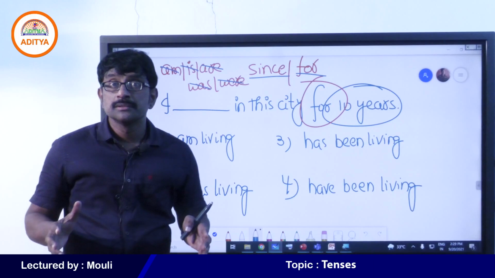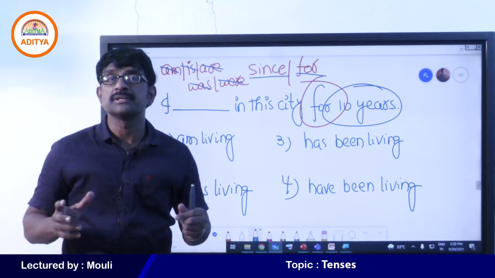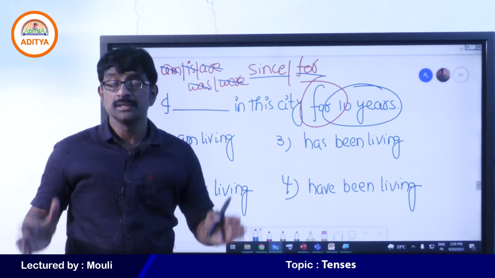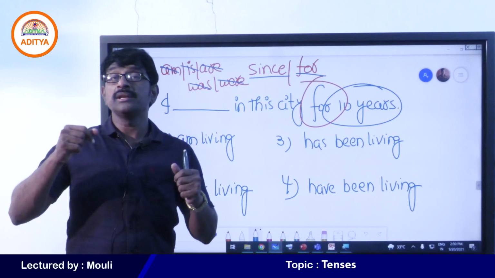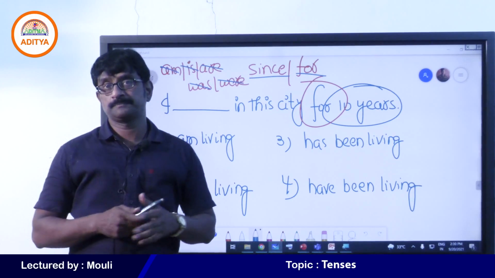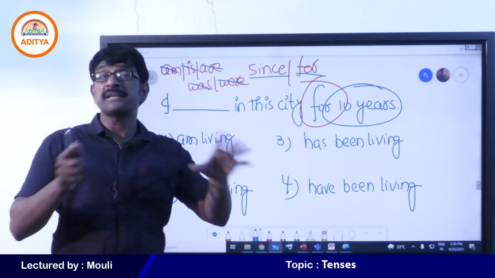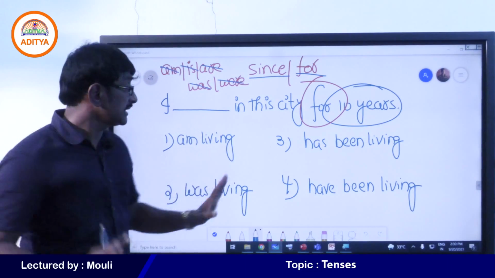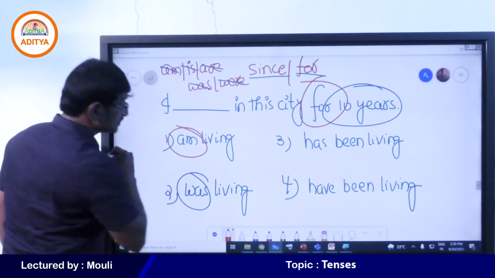Okay, students? Am, is, or, was, were do not match with since and for. Only been will match. Been or have or has plus V3 will match. Let us verify. Now there is was, there is am.